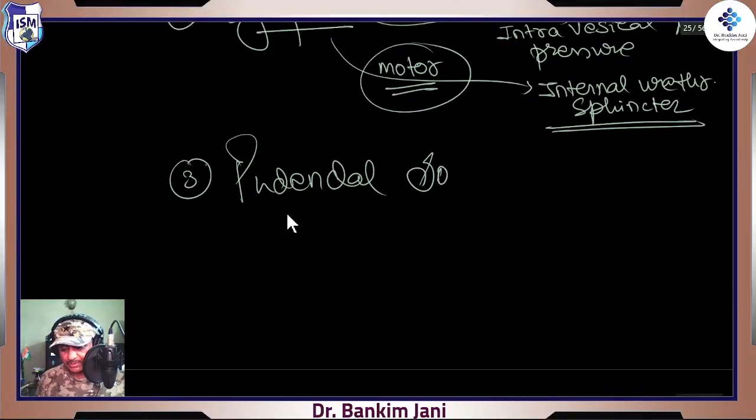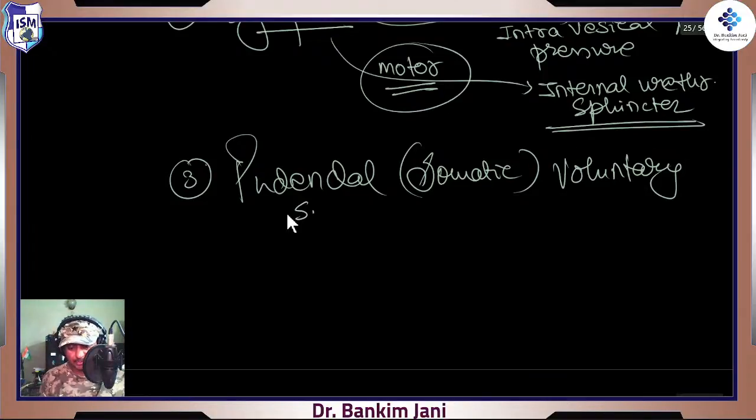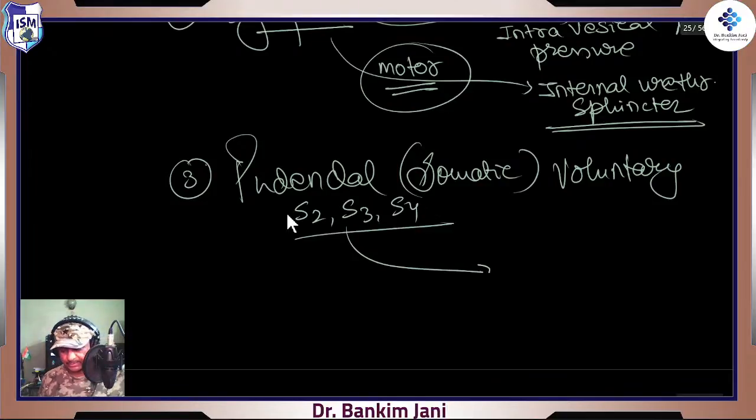This is somatic, or voluntary, and it is necessary because S2, S3 and S4 handle the external or distal urethral sphincter.